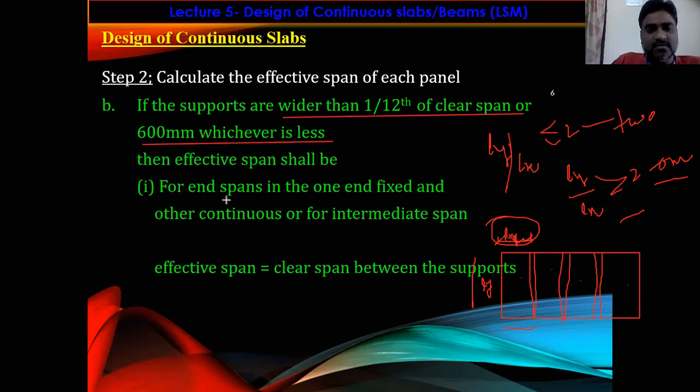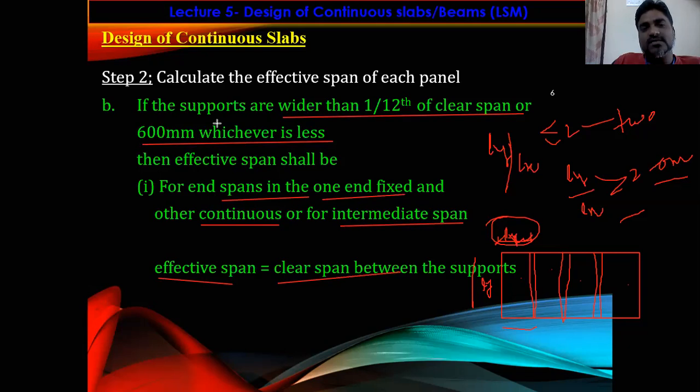That means for end spans, where one end is fixed and the other end is continuous, or for all other intermediate spans, the effective span is equal to the clear span between the supports, right?